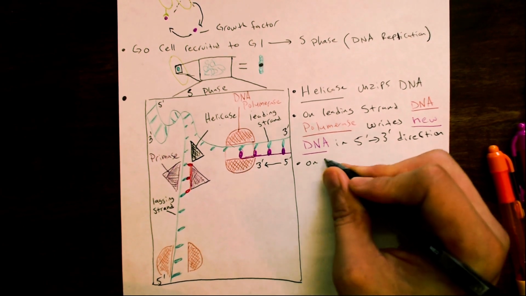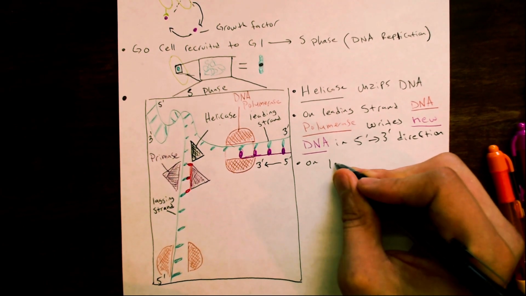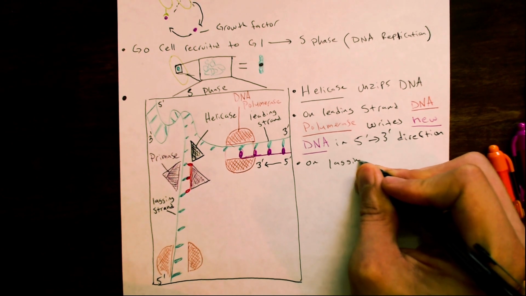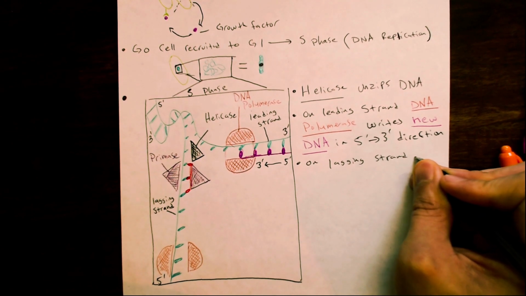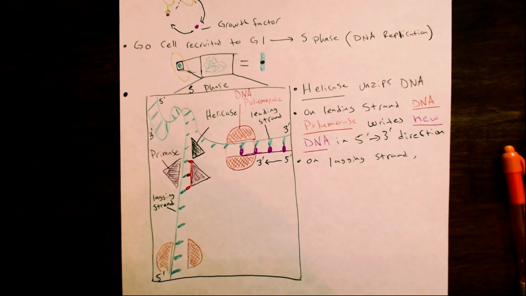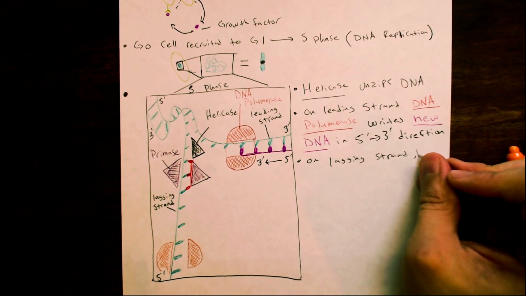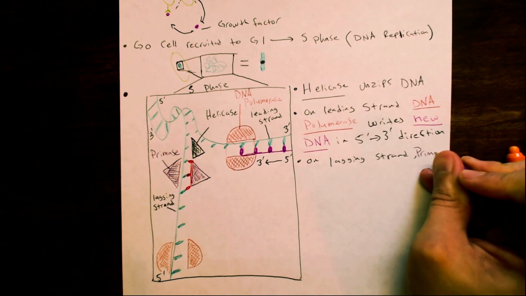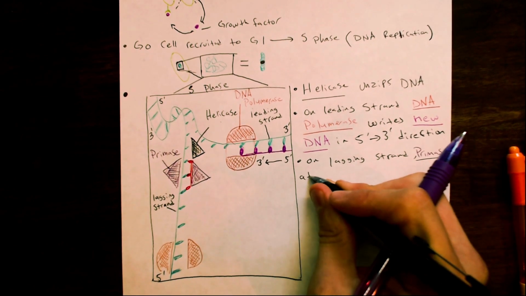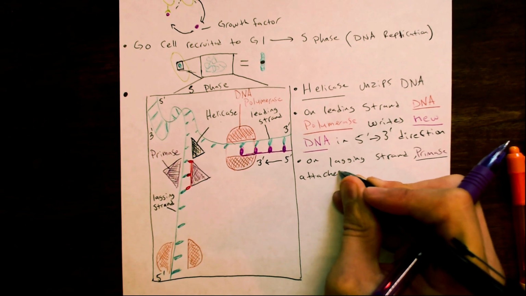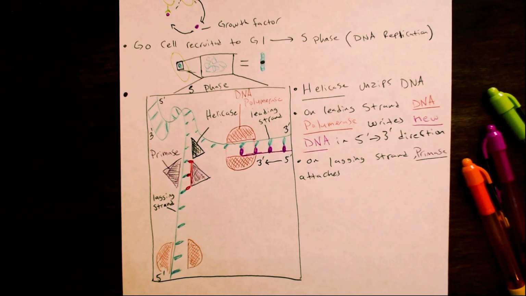So on the lagging strand, primase attaches an RNA primer.